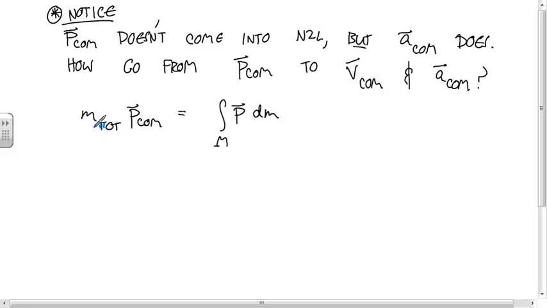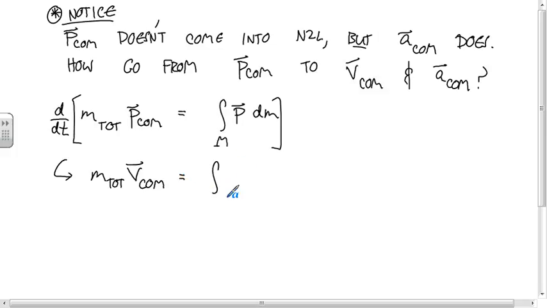What happens if you take the time derivative of both of these? Assuming that the mass isn't changing, take d dt of both sides. It gives you two formulas. The first one says the total mass times the velocity of the center of mass is equal to the integral over the mass of v dm.